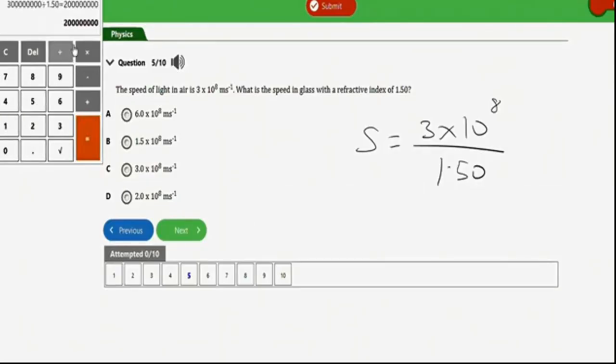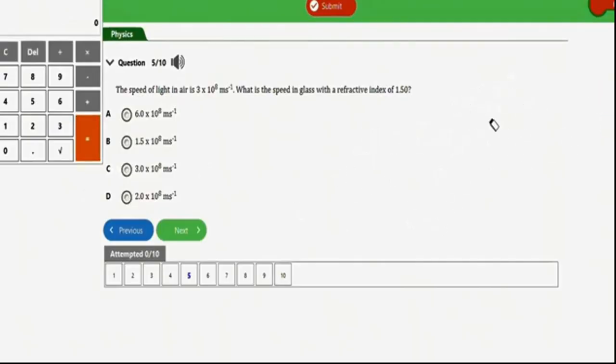You're going to have the output to be 200 million. So it's equivalent to 2.0 times 10 to the power 8 meters per second. So the correct option here is option D. Okay, so that's it for this question. Let's wipe it now and solve the next repeated question.